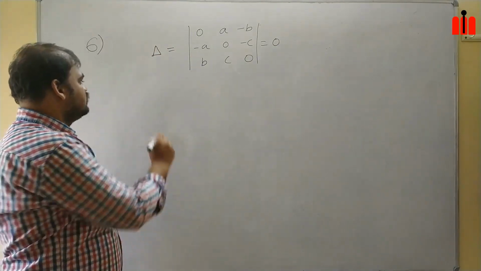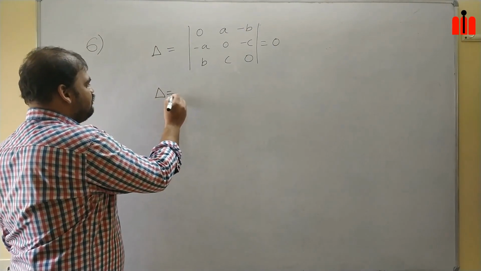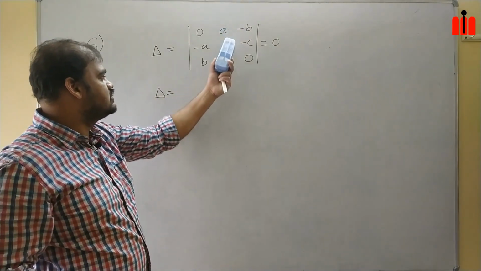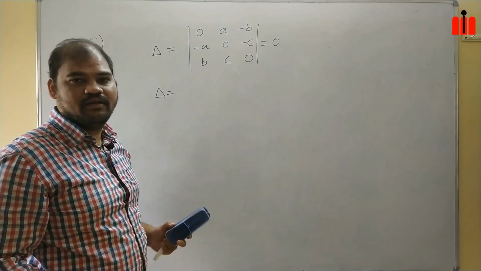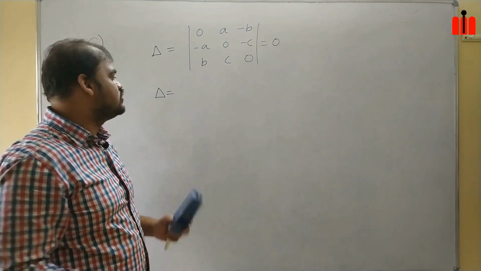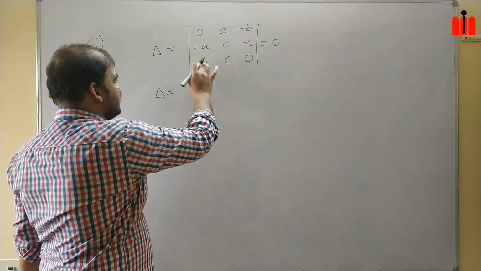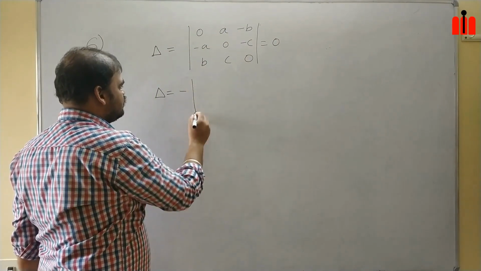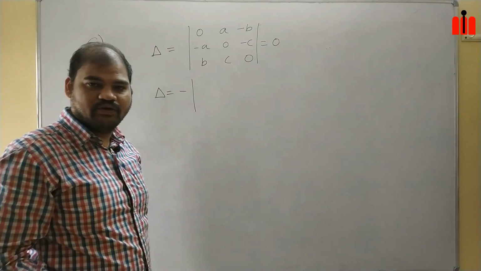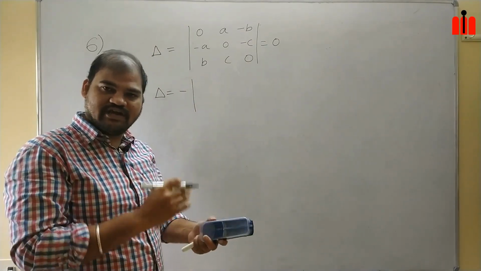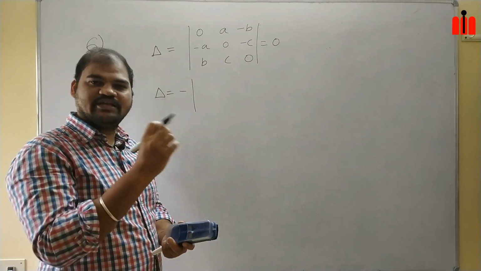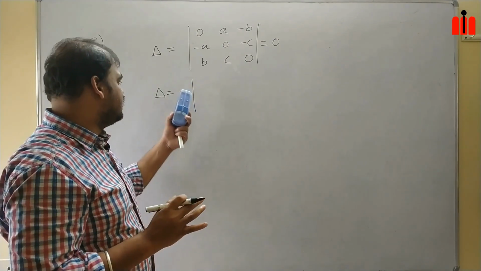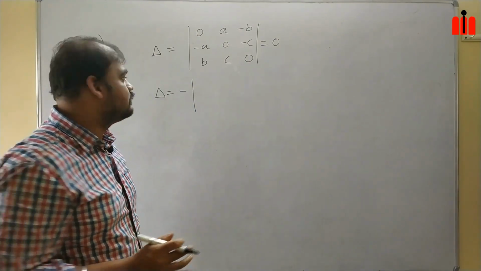Now what I will do, I will multiply each and every row by minus 1. Minus 1, minus 1, minus 1. So 3 minus 1s means it will become negative. Whichever we are multiplying, we have to divide by that also. So 1 divided by minus 1 is minus 1 only. So 3 times minus 1 will become minus 1.